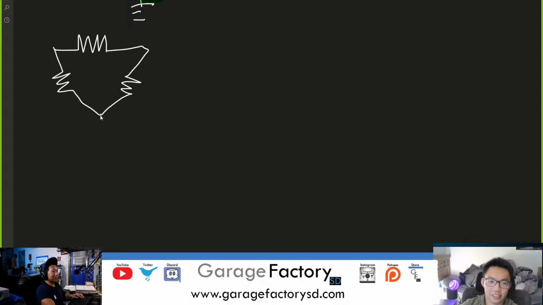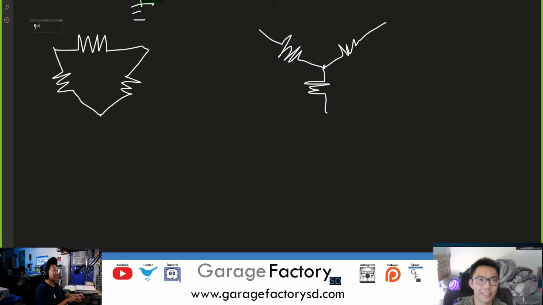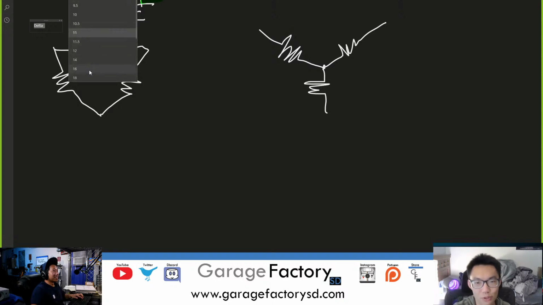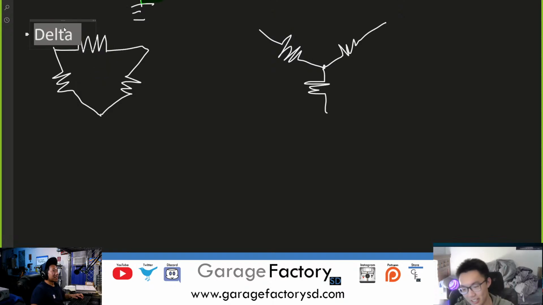So we got resistors connected like this, and then resistors connected like this. Oh, this is normal. So this is the delta, and that's the Y. Delta and Y, the 3-phase power connections. Oh my gosh, my memory is back.